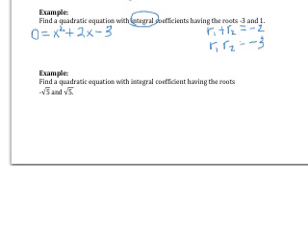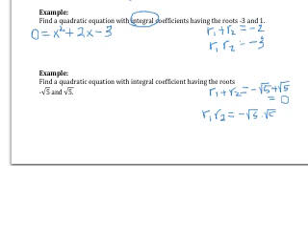Now let's do the next example. It has two square roots, and we're going to follow the same exact steps. So we're going to add these. Now when you add -√5 and +√5, that's 0. So that's easy. When you multiply them, so -√5 times +√5, the square root 5's just become 5, so it's -5.